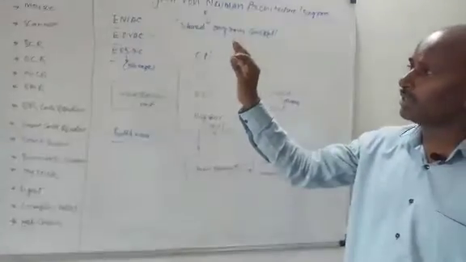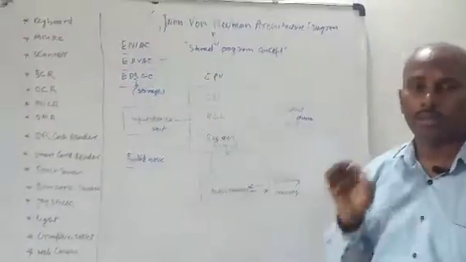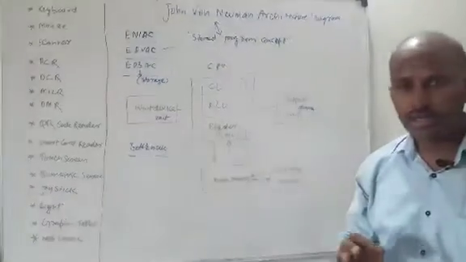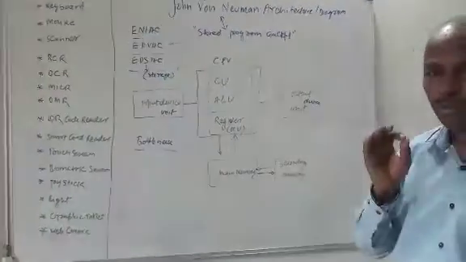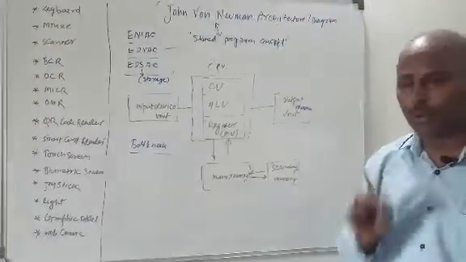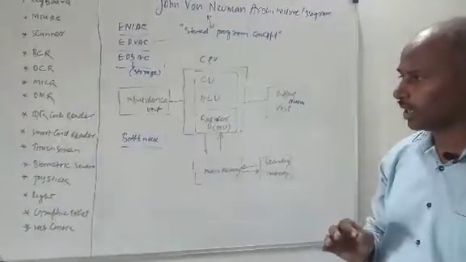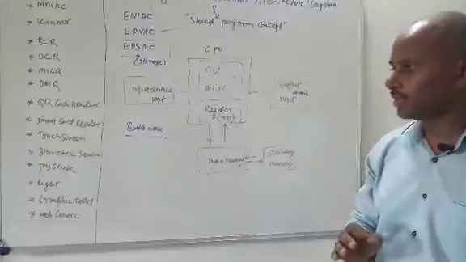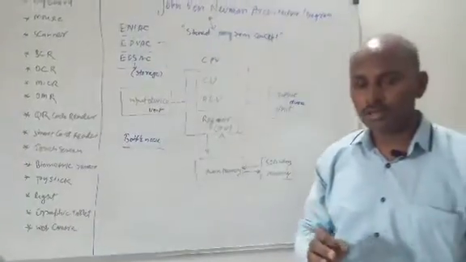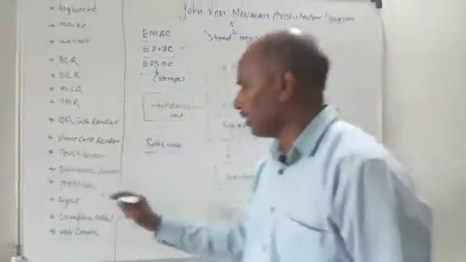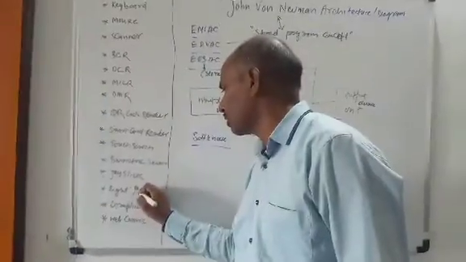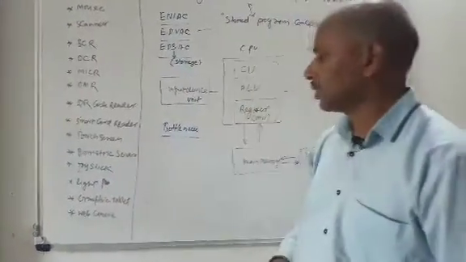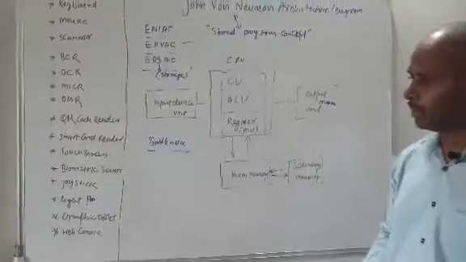The input devices are keyboard, mouse, scanner, barcode reader, OCR, MICR, OMR, QR code reader, smart card reader, touch screen, biometric sensor, joystick, light pen, graphic tablet and web camera.